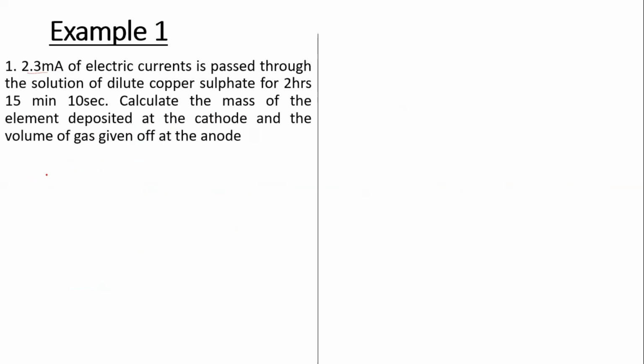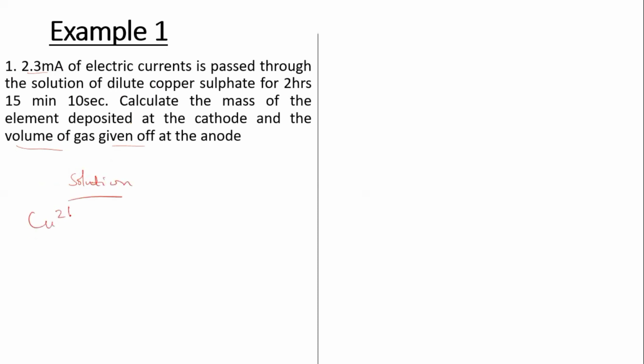So what we have here is the mass of copper. Of course, we're talking about the electrolysis of copper sulfate. This time around, you're talking about volume of gas given off, then it means that platinum electrode is used. And so at the cathode, we find out that it is copper that will be deposited.